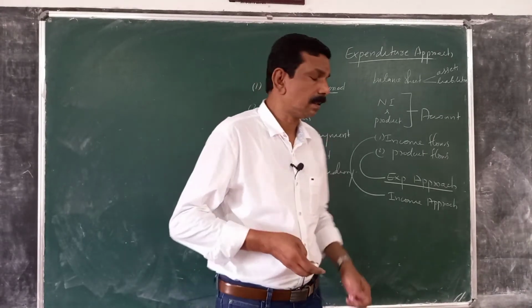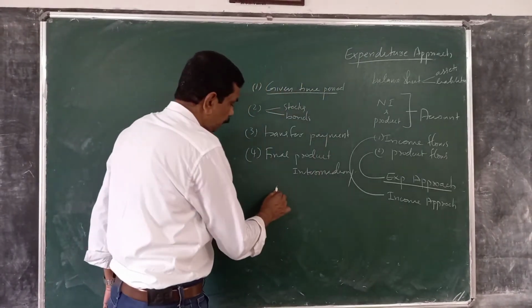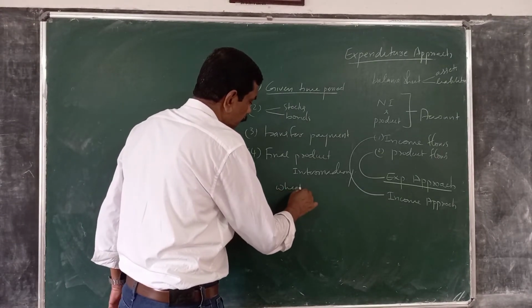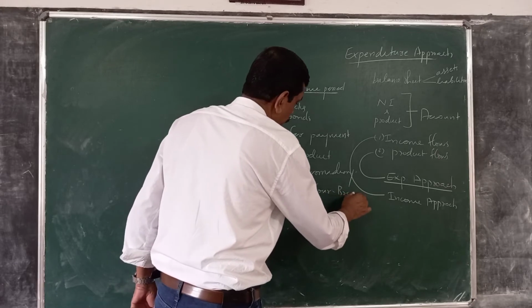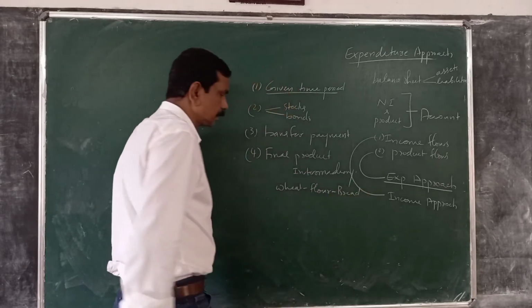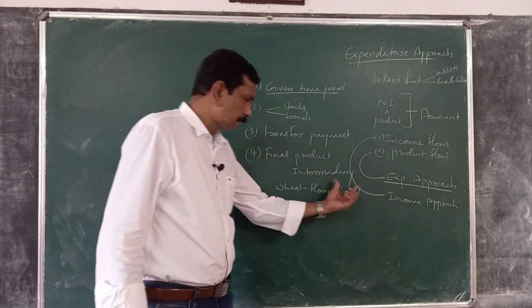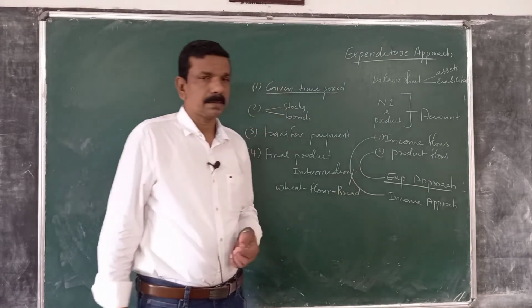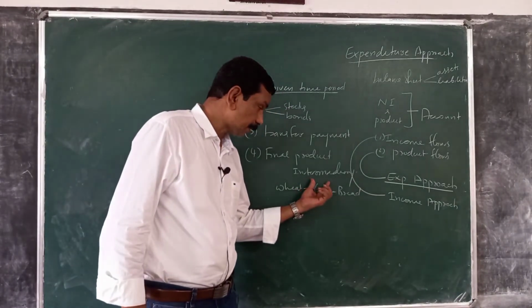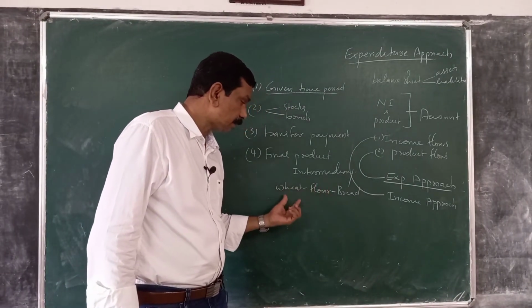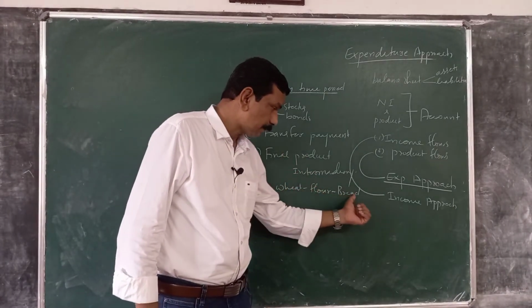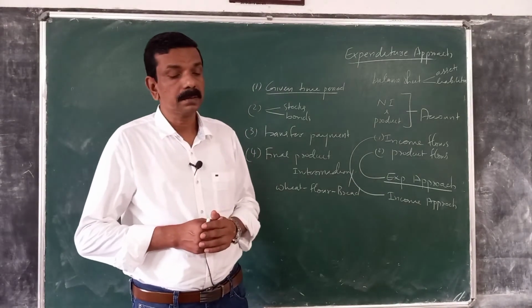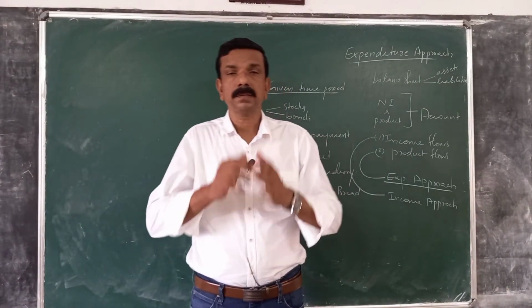A classic example is wheat, flour, bread. Only bread is the final product, so we consider only the expenditure on final product. We will not consider expenditure on flour and expenditure on wheat. This is because expenditure on these items will be included in expenditure on the final product bread.